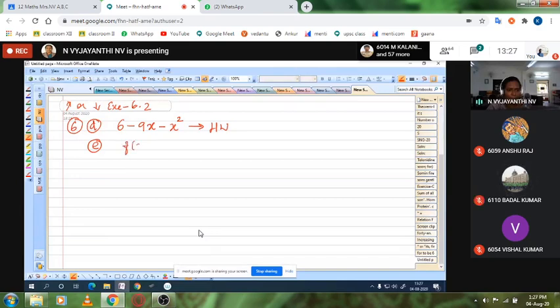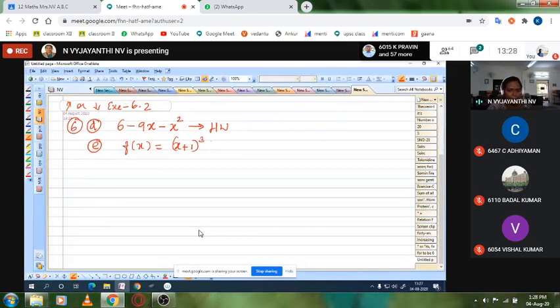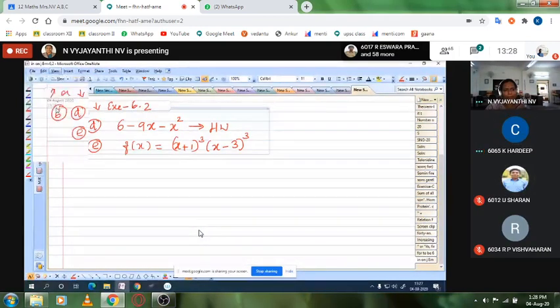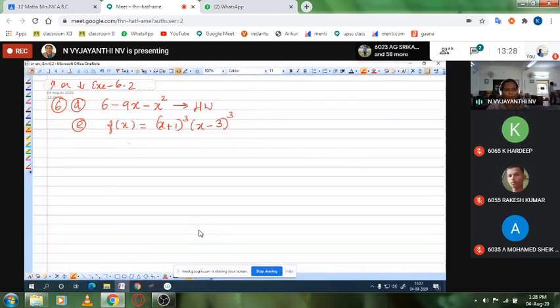F of x equal to x plus 1 the whole cube into x minus 3 the whole cube. Shall we solve this sum? How to solve?